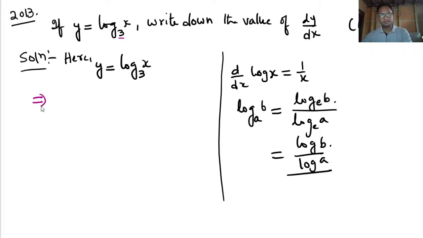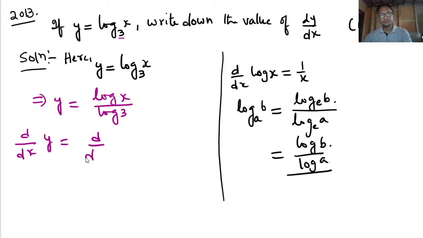Okay, come on, now it is log x divided by log of 3. Now, if you want to differentiate this y, the function is log x divided by log of 3, right?